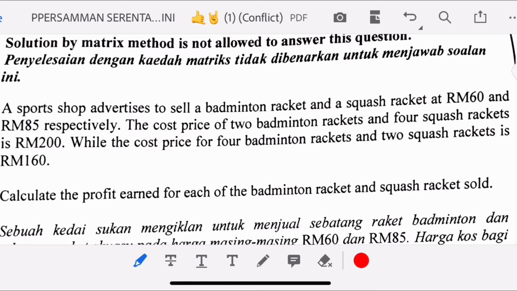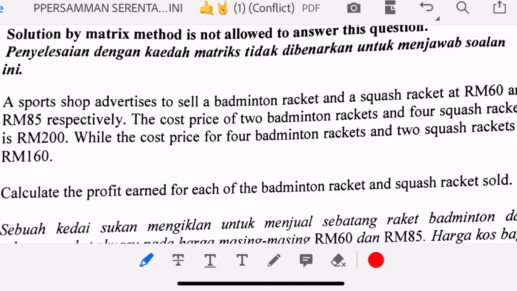The cost price of 2 badminton rackets and 4 squash rackets is Rm 200, while the cost price for 4 badminton rackets and 2 squash rackets is Rm 160. Calculate the profit of each of the badminton racket and the squash racket sold.